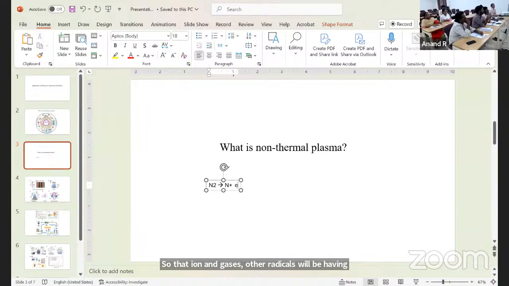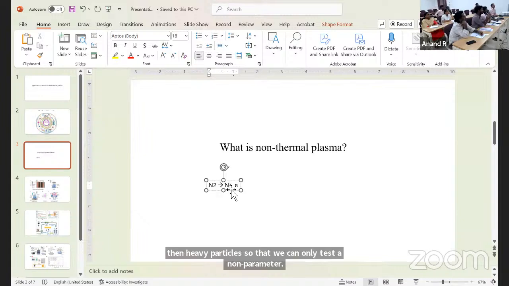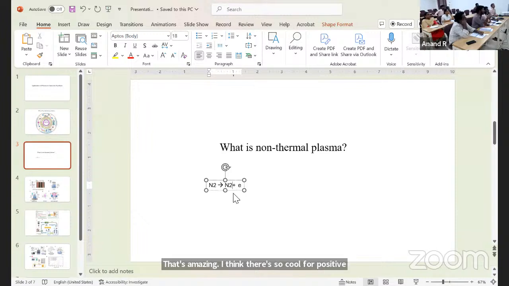So there will be a temperature or energy difference between the electrons and the other heavy particles, so we can call it a non-thermal plasma. Plasma is nothing but a soup of positively charged ions and negatively charged ions. In that, electrons will have higher energy than the heavy particles. So that is what non-thermal plasma is.